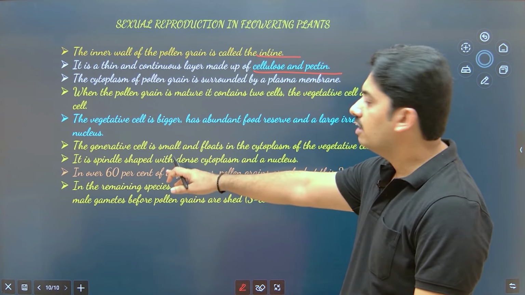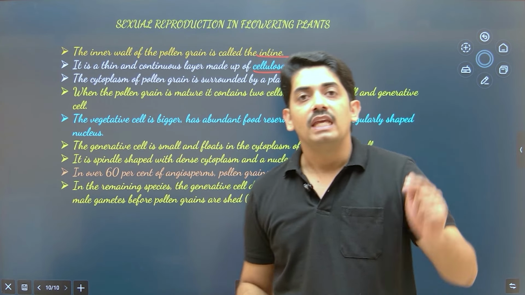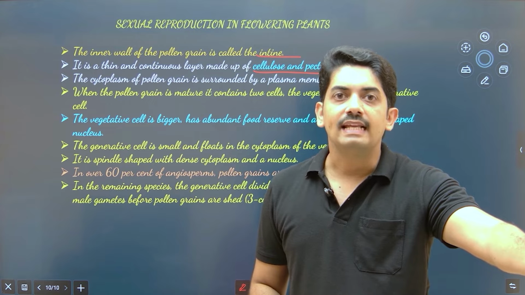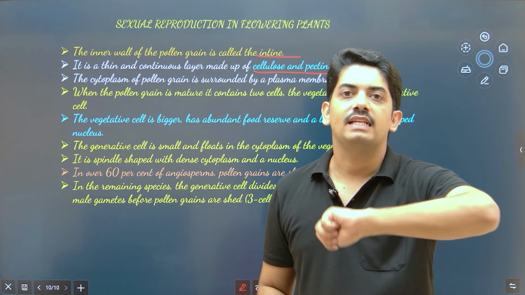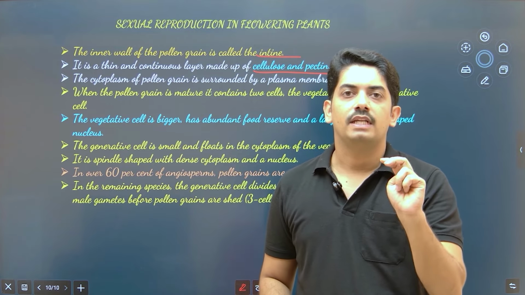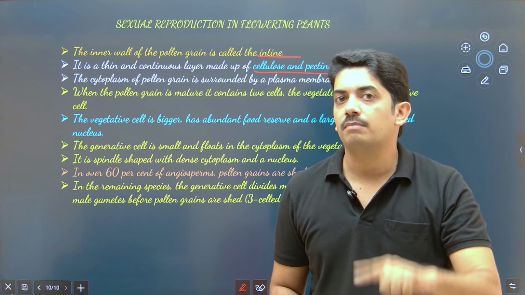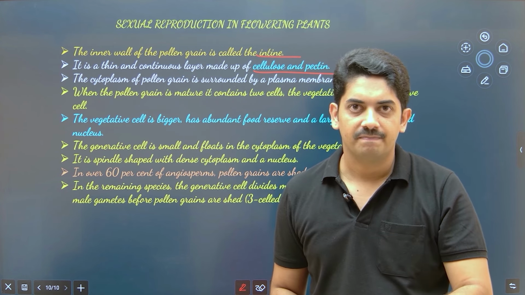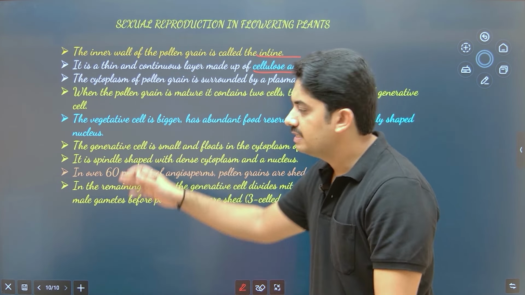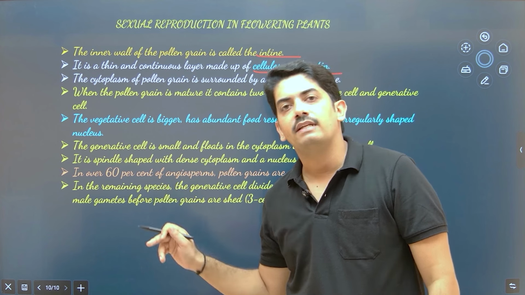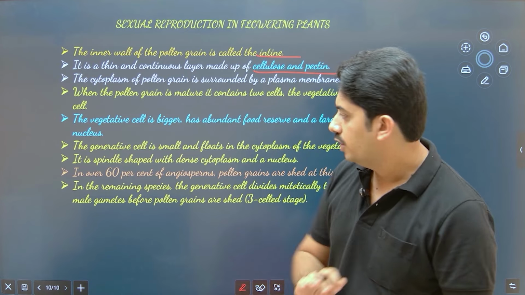Otherwise, in the remaining 40% of plants, what happens? Even before pollen grains are released, they become 3-celled pollen grains, which contain 2 generative cells, nothing but the 2 male gametes. But what happens in the 60%? This generative cell undergoes mitosis in the pollen tube.